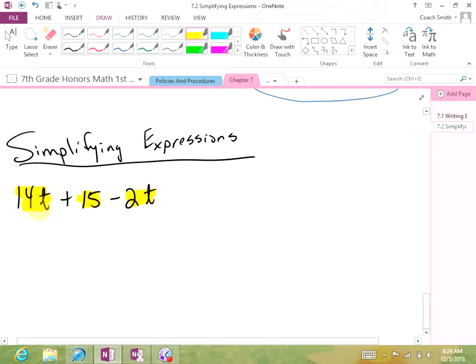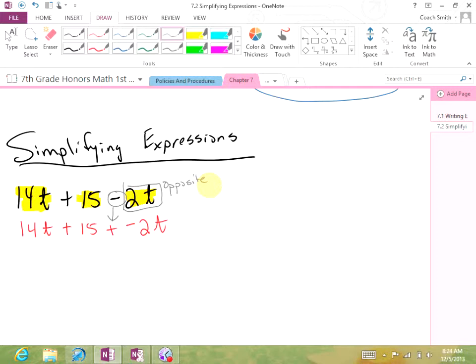Now, if I take this problem and I do what I'm supposed to do, that's what you have. I changed my subtraction to addition and did the opposite of a positive 2t, which is a negative 2t.